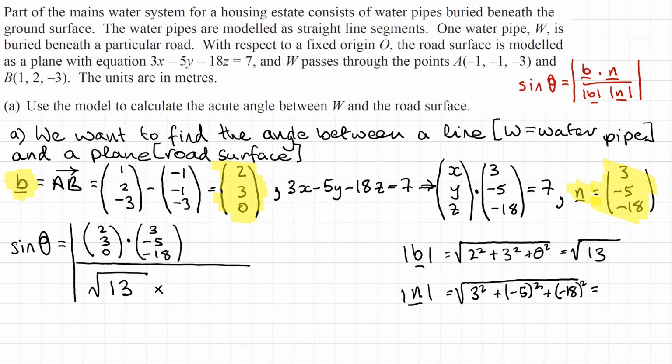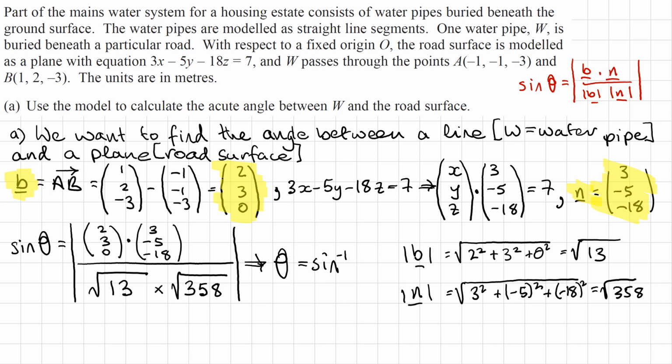And that gives a square root of 358, which I'll write down here. So I'll just finish this off by putting in the modulus symbol when I work out what the dot product on the top is. And actually I can now write down that theta is going to equal the sine inverse, or the arc sine, of this part here.